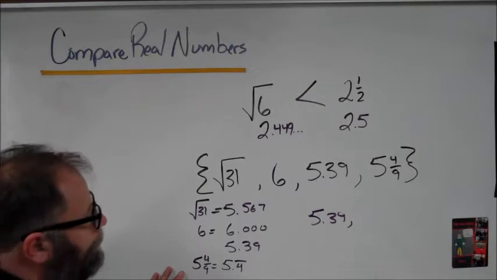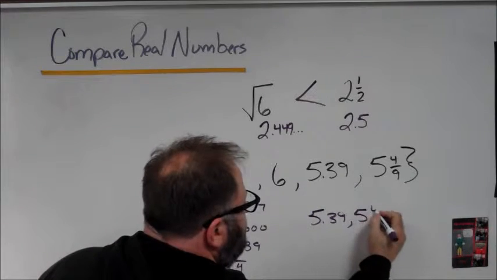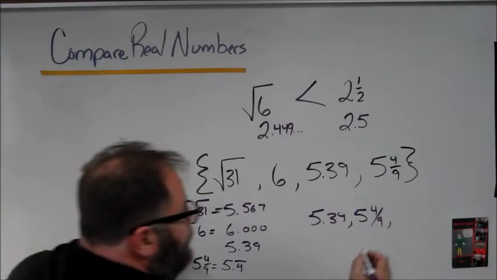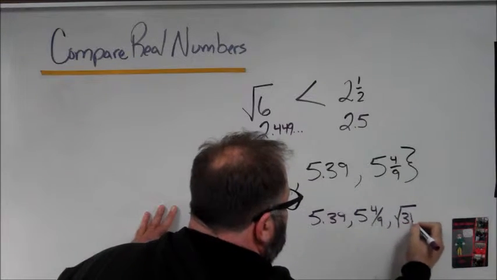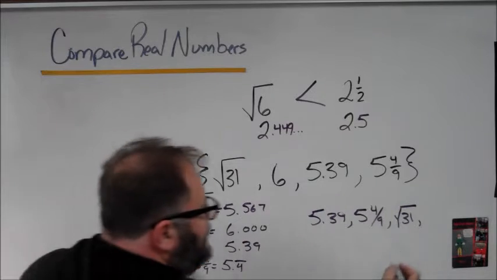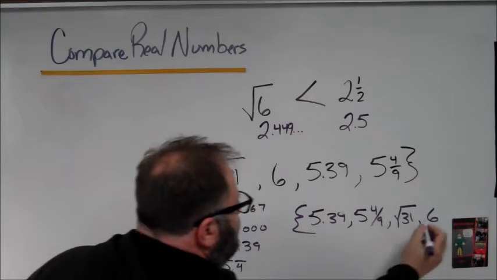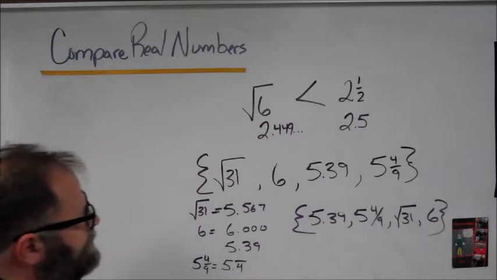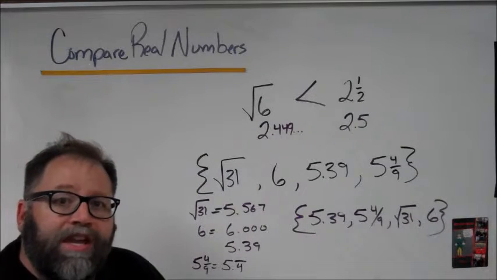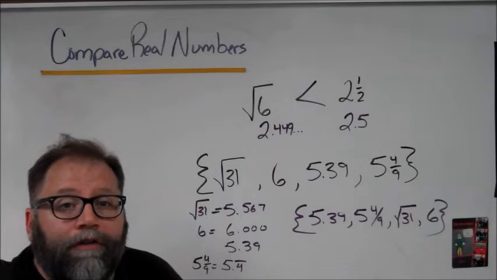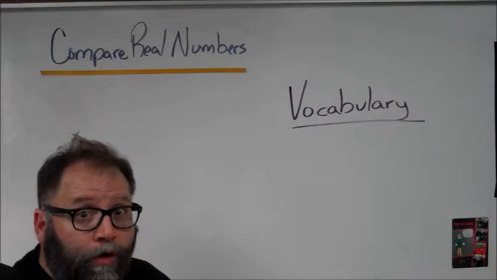Then the 5 4/9. Then the square root of 31. And then 6. Oh, my curly brackets aren't so good. We took that number set and we put it into the order of least to greatest.